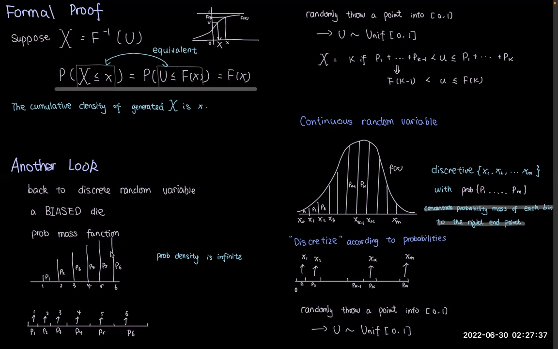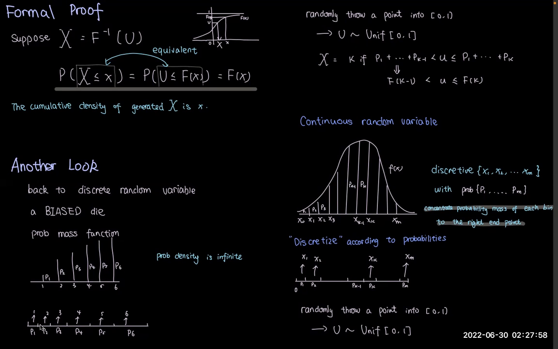So here, this is a geometric illustration of a probability mass function. The height of each bar tells us the probability mass on a particular point. So here we assume that the die is biased towards bigger values.